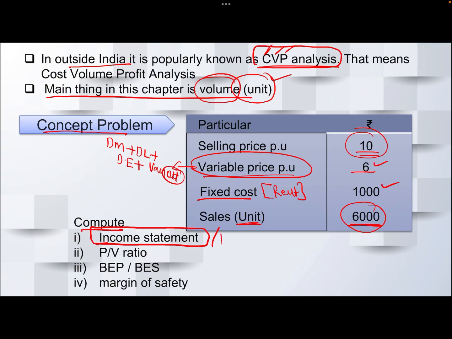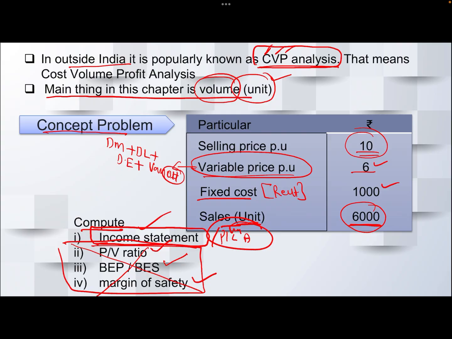The profit and loss account, which means trading P&L account, is collectively known as income statement. In outside India, when we go to UK, USA, they use this income statement instead of trading P&L account. Then we have some new things to calculate: PV ratio, break-even point or break-even sales, and margin of safety. This we will discuss later.